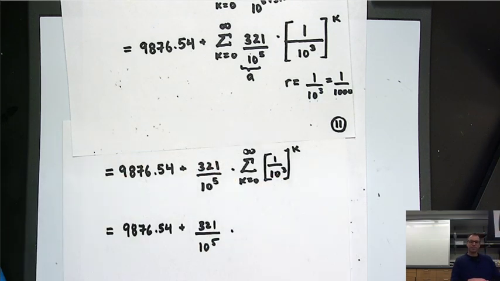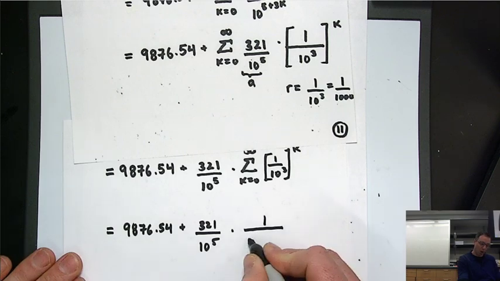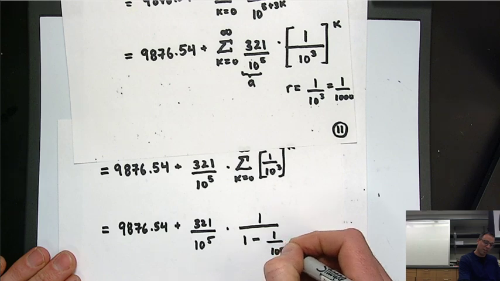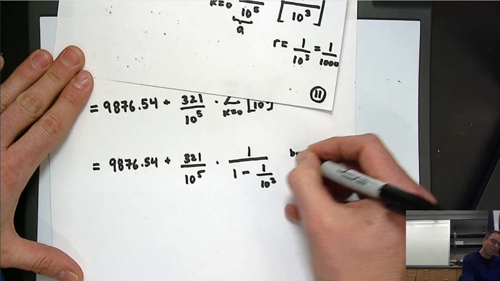What is that limit? 1 over 1 minus 1 over 10 to the 3 by the geometric series.